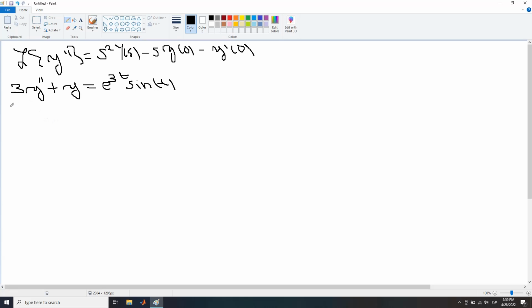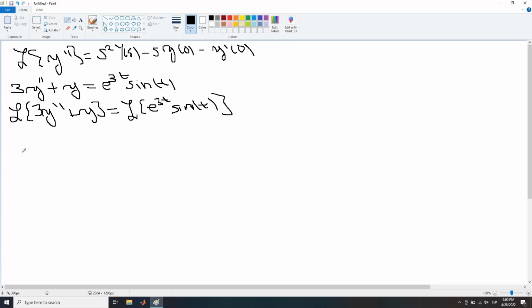So we apply the Laplace transform to both sides of the equation. And now we start using the formulas.